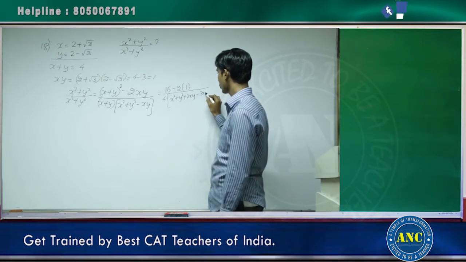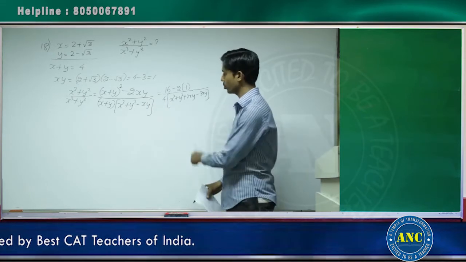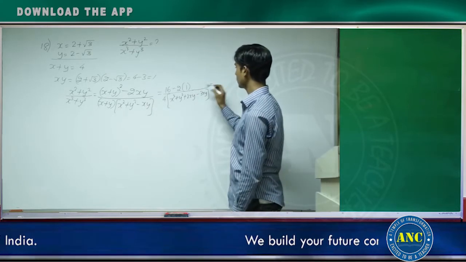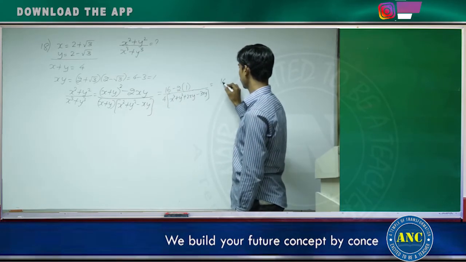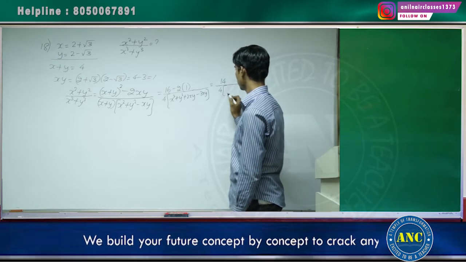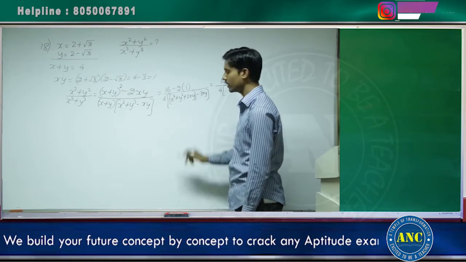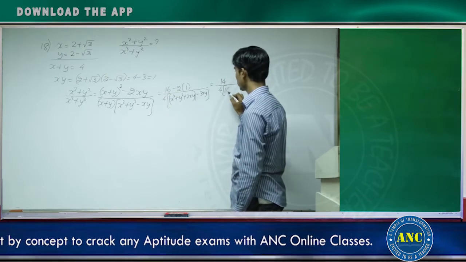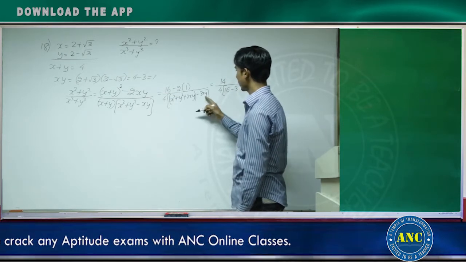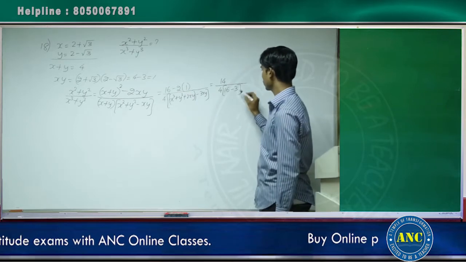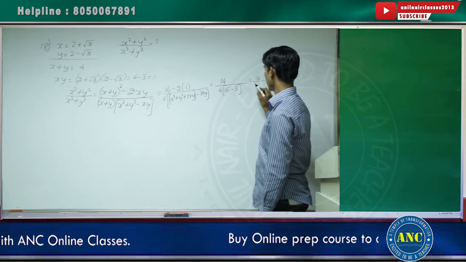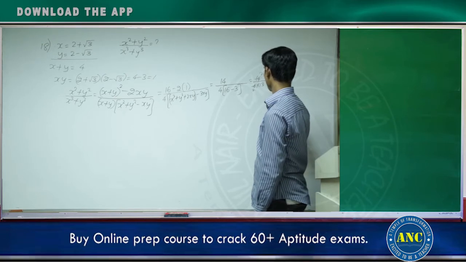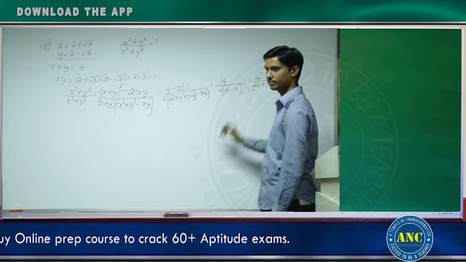So to compensate, I should make it as minus 3xy, because 2xy minus 3xy is only minus xy, right? Again, if I further simplify, 16 minus 2 is 14 divided by 4 into x plus y whole square, which is 16, minus 3 into xy, which is 1. So the answer should be 14 divided by 4 into 13. So this is 2 into 7, 7 by 26 should be the answer.